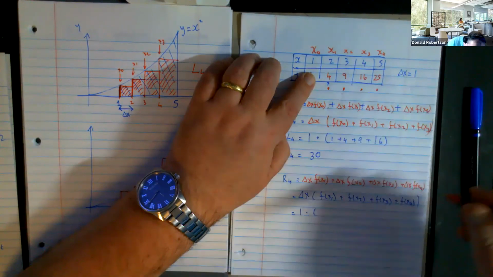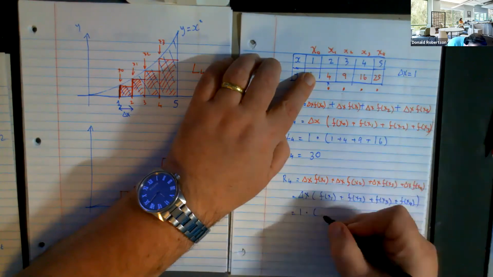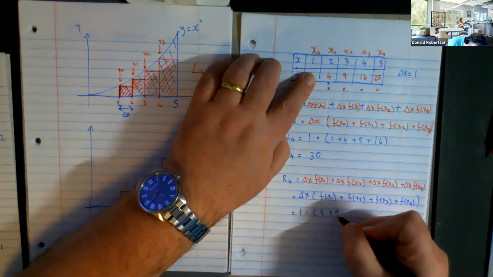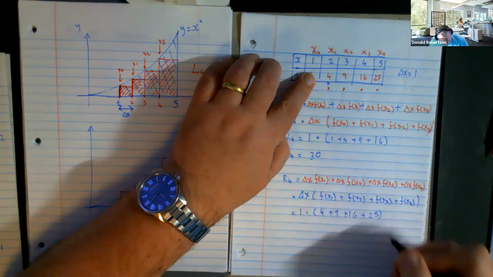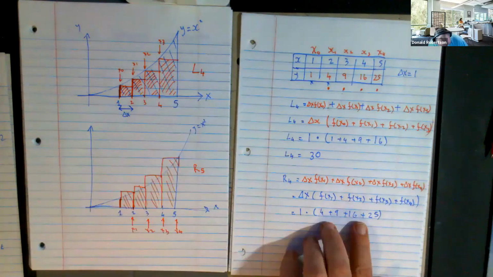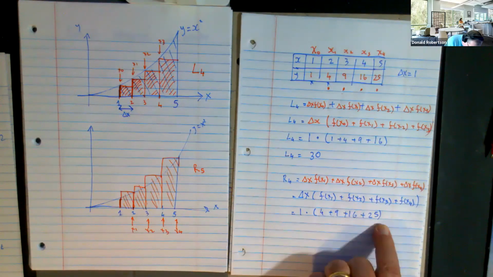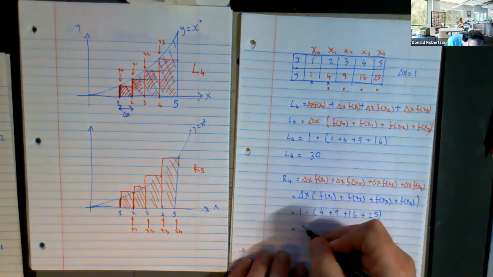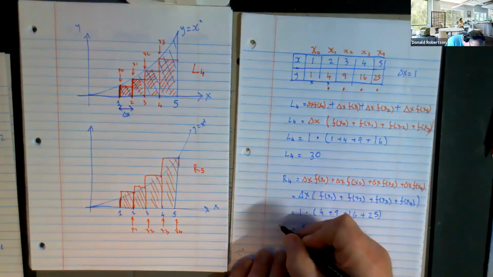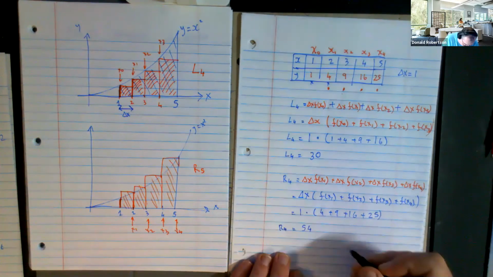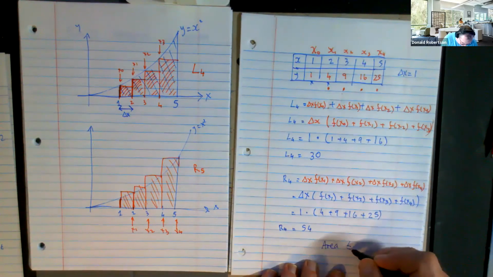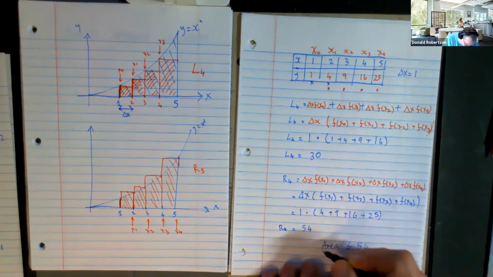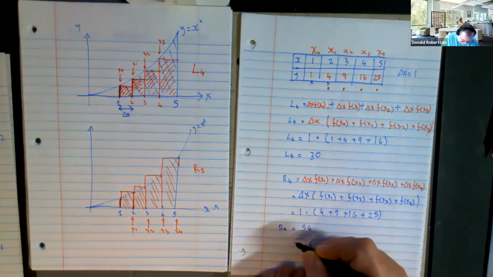So that's going to be 4 add 9 add 16 add 25. And you put this package together, you get 54. So I can tell you that the area under this curve is somewhere between 54 and 30.